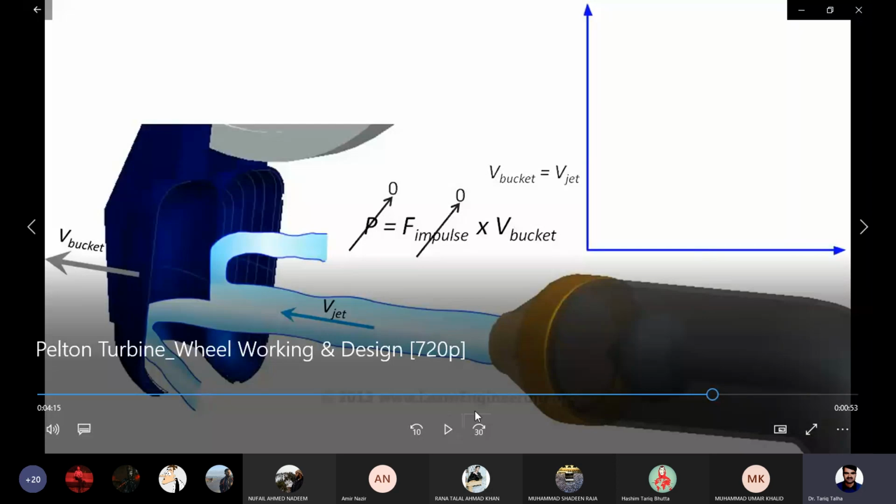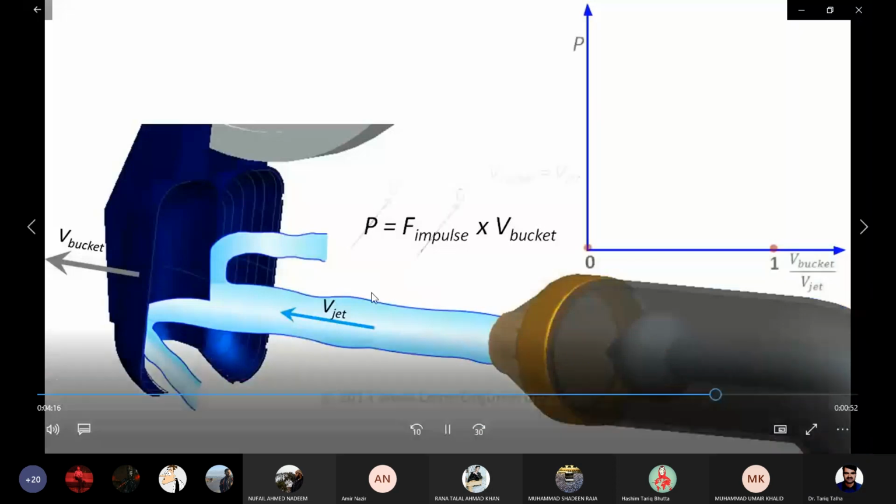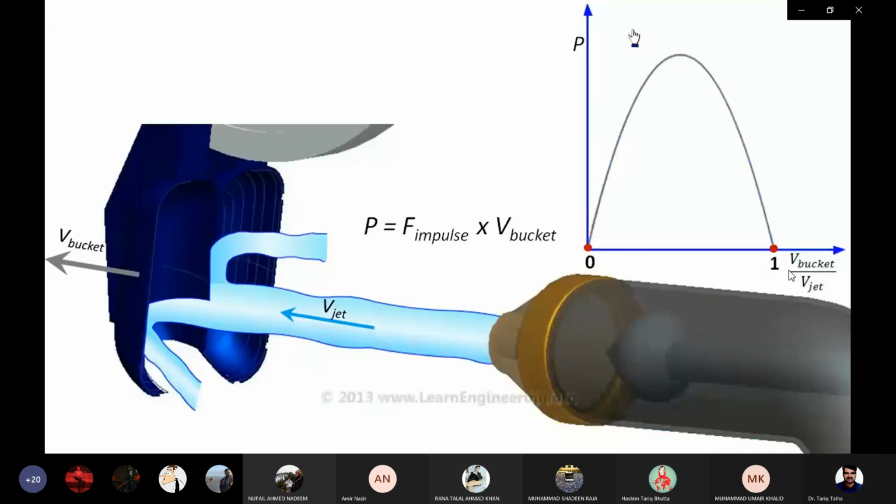when this ratio, bucket velocity over jet velocity, is half. Right?